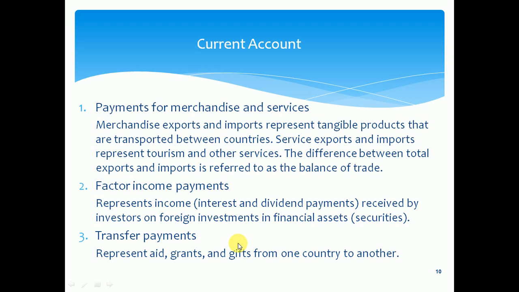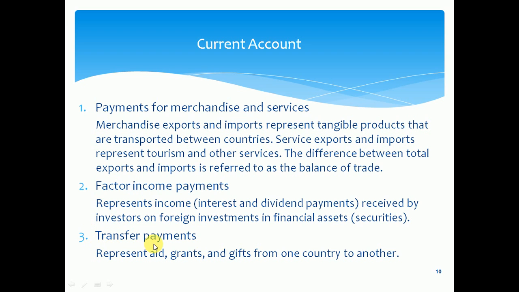These gifts have a money value, so these gifts are coming into the country. Similarly, if some US official is coming to Afghanistan, the government is giving some gifts, so it is going out of the country, so it is also coming in this third item. We call it transfer payment.